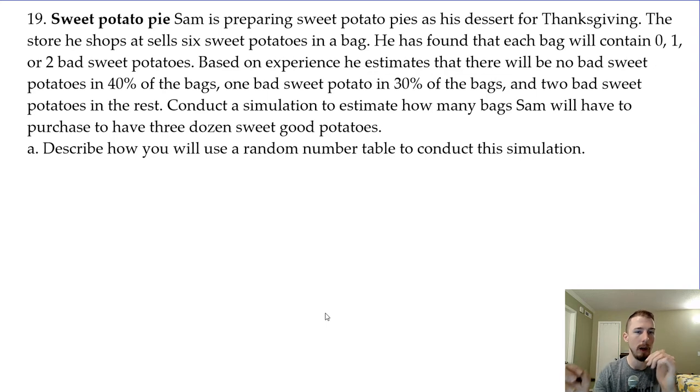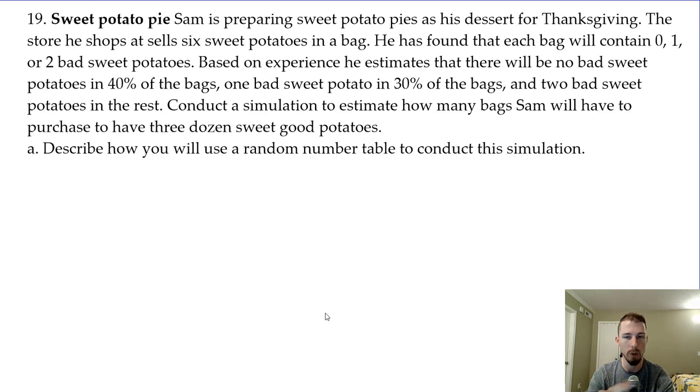Sweet potato pie. Sam is preparing sweet potato pies as his dessert for Thanksgiving. This would have been great if we did this before Thanksgiving. So the store he shops at sells 6 sweet potatoes in a bag. He found that each bag will contain 0, 1, or 2 bad sweet potatoes. Based on his experience, he estimates that there will be no bad sweet potatoes in 40% of the bags, 1 bad sweet potato in 30% of the bags, and 2 bad in the rest.